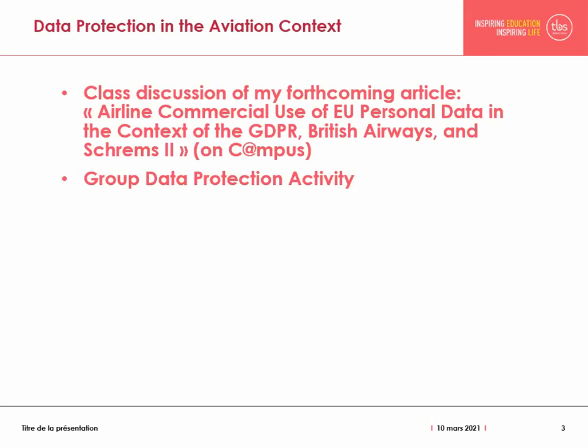Schrems initially said to Facebook, I want access to my data, and got a huge PDF file with thousands of pages in it, because Facebook collects everything on you, everything you do. So he went to the Irish authorities, where at that time the main Facebook office in Europe was located, and said, my data isn't being protected because Facebook is sending it to the United States, and the United States may share it with the authorities for mass surveillance purposes, following the Edward Snowden disclosures.